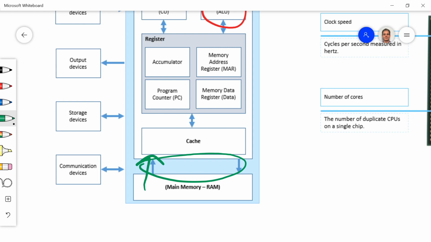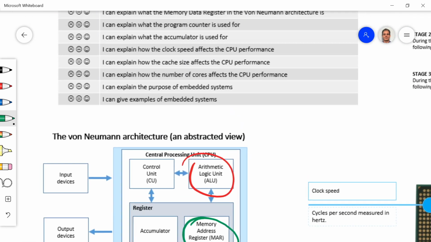In order to do that, you need to know two things. You need to know where in memory the instructions are, so that's the memory address register, and then you need a place of holding the instructions and the data that are associated with them inside the CPU, and this is the job of the memory data register.